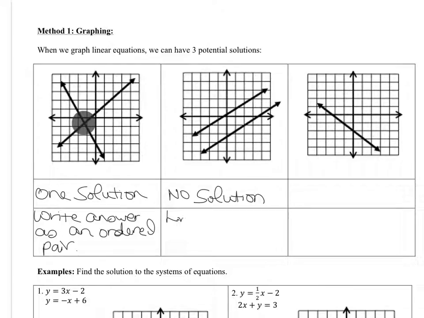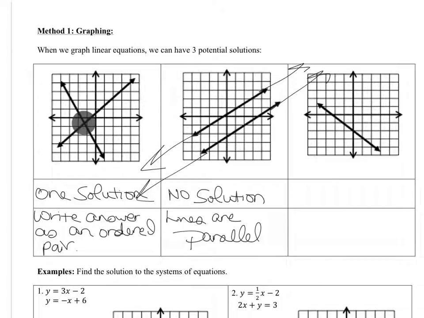My lines are parallel. Now, parallel means they're never going to meet. So there's no way that these lines are ever going to meet. No matter what, if I extend them forever and forever and forever, all the way off this page, they're never going to intersect. Now, notice if I draw something like this.